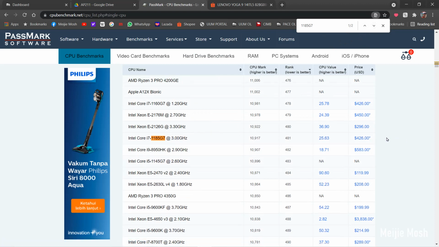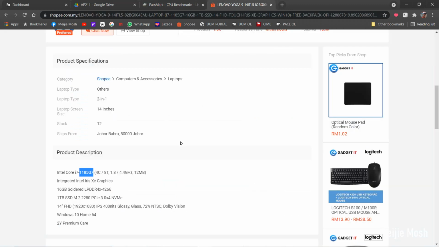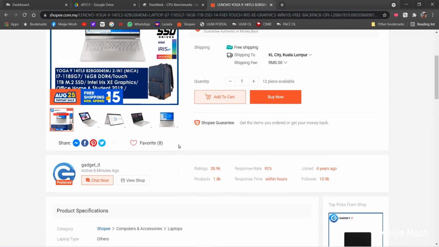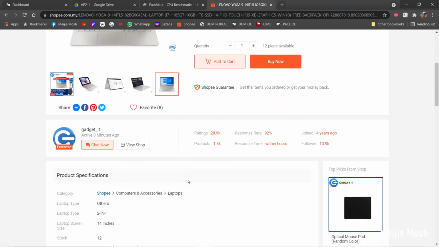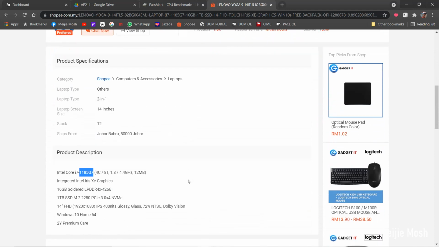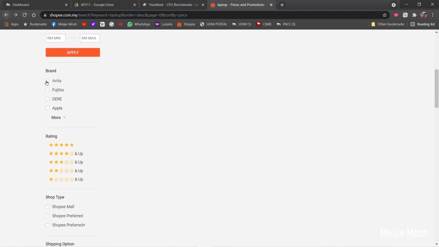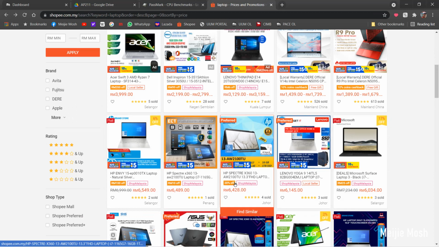This is the range of 481 for the price of nearly 6,145. So you can make a comparison with the other computers.